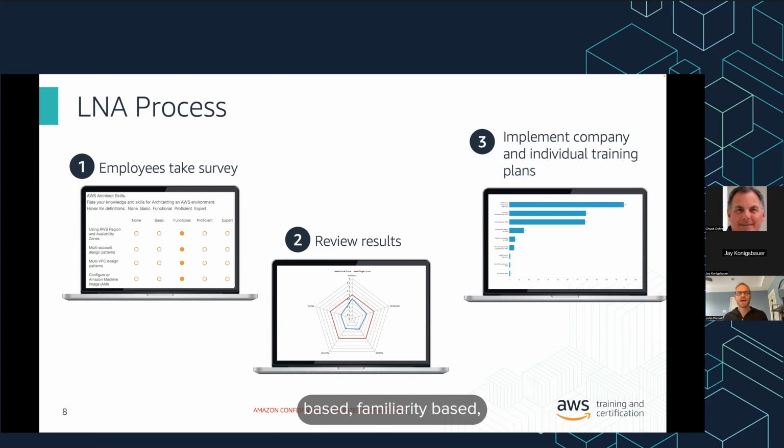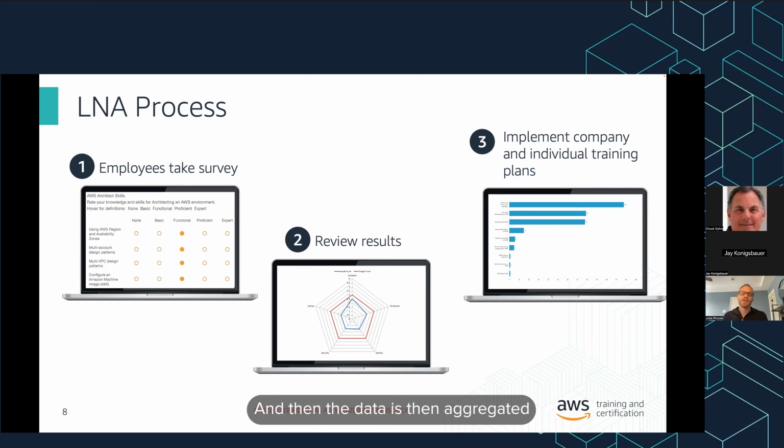They're going to be confidence-based, familiarity-based. They're going to ask some questions around your business. For example, are you trying to migrate workloads to the cloud? Are you maybe involved in an optimization effort? Or are you maybe facing certain challenges around existing costs due to on-prem scale limitations, or due to moving from other platforms to AWS?